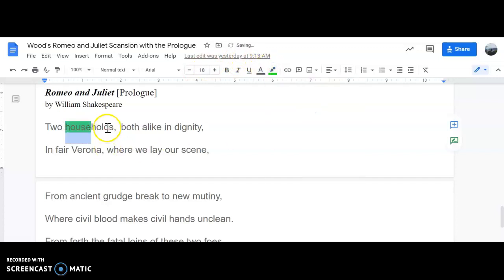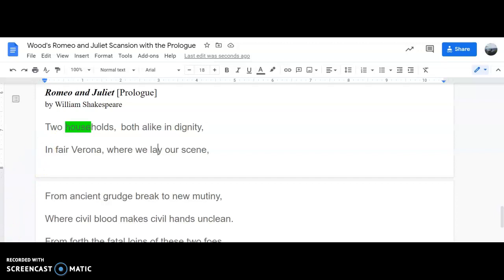Okay, so remember green is stressed, and what we mean by stress is just the emphasis that you put on it when you're speaking. So the 2, because it's unstressed, is going to be kind of low, just a regular tone, 2. Then house, your pitch and your emphasis is going to go up a little bit. So 2 households, both alike in dignity.